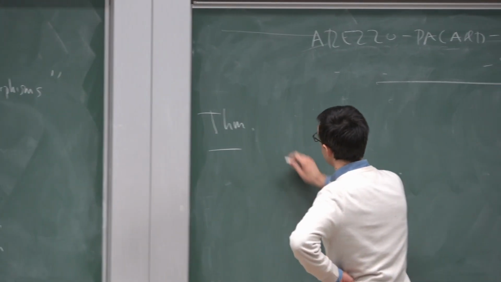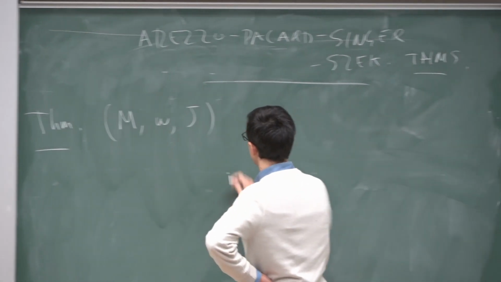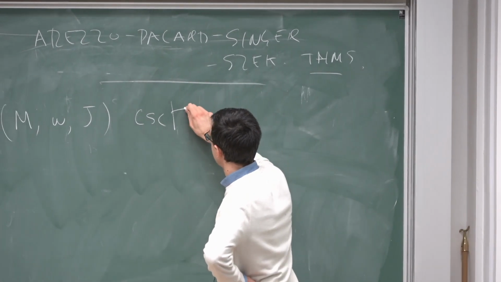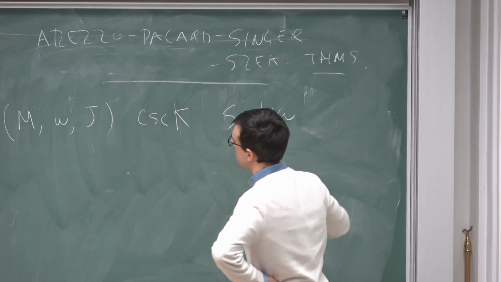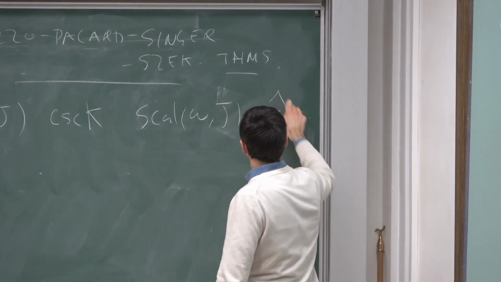Now suppose you have, just as before, M omega J, which is one of these good stable manifolds to start with, CSCK. So you can solve that. Let's fix that omega is actually a solution, so the scalar curvature is actually constant.